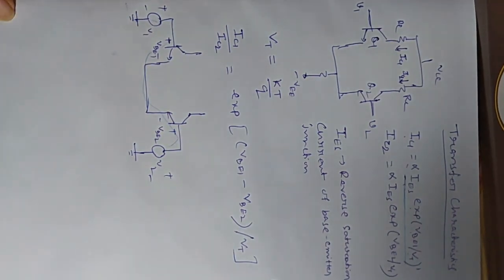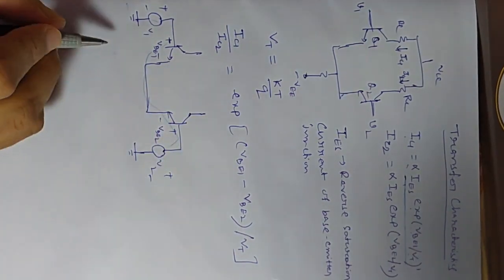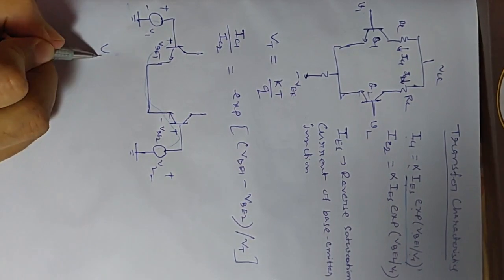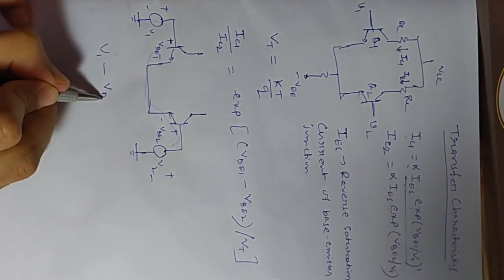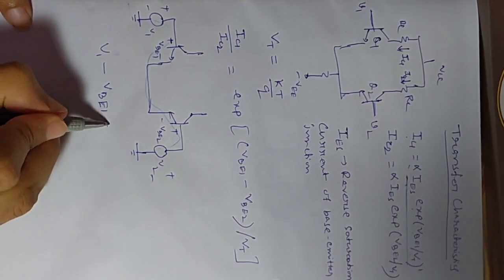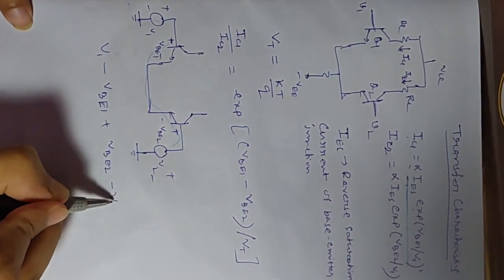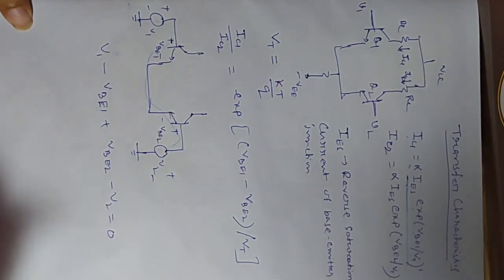So if I apply KVL through this branch, we can write the KVL loop equation as V1 minus VB1 plus VB2 minus V2 equals 0.